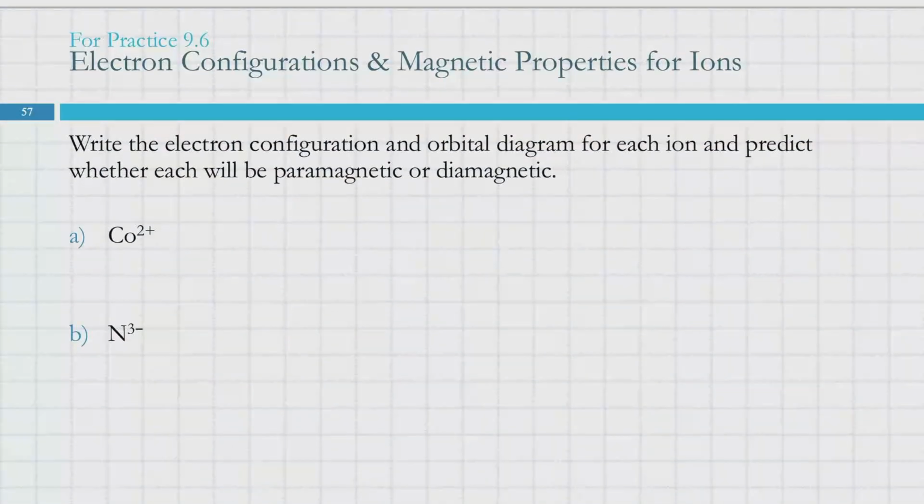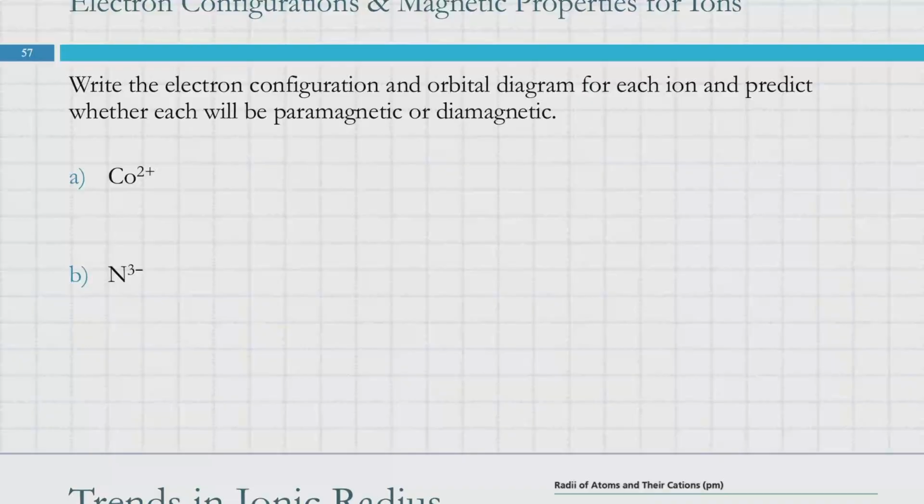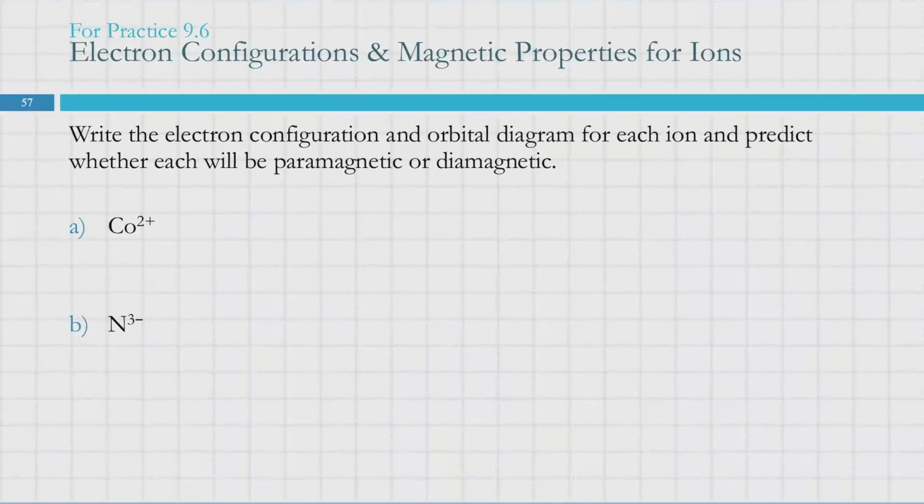Okay, let's write electron configurations and orbital diagrams for these ions. I'll do the first one, and then we'll do the other one next class. So cobalt 2+. First thing we want to do is find cobalt on our periodic table. It's in the middle of our D block. And its previous noble gas is going to be argon.